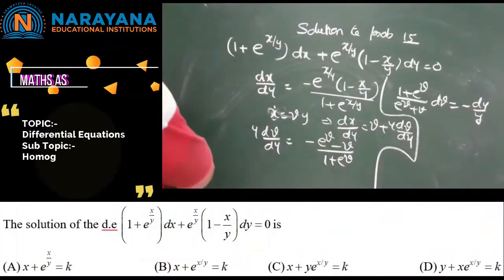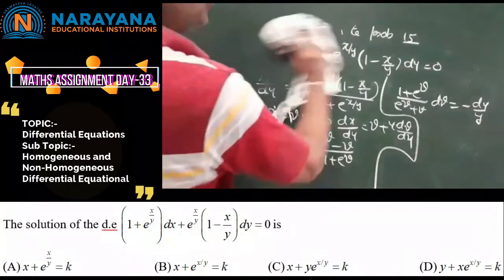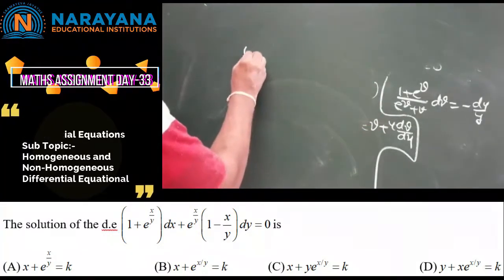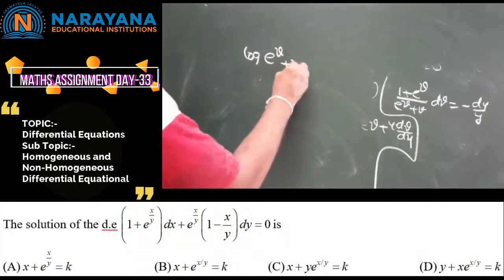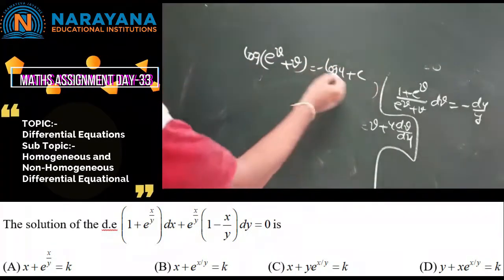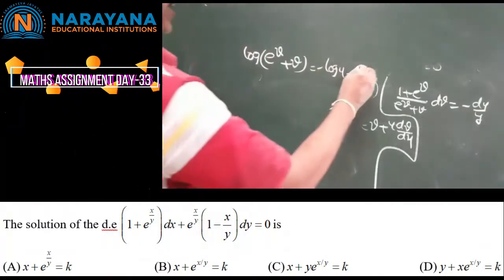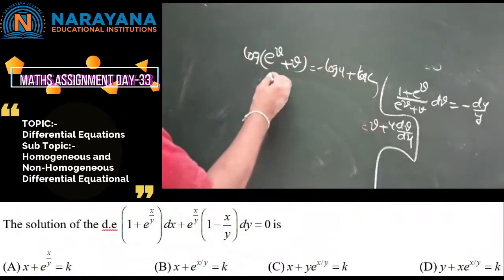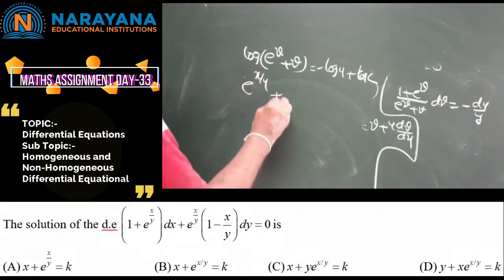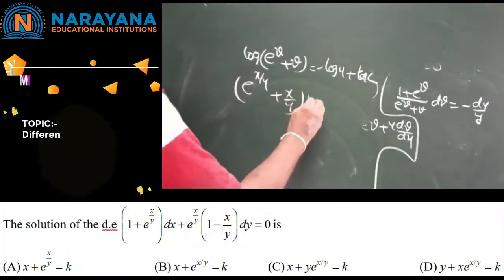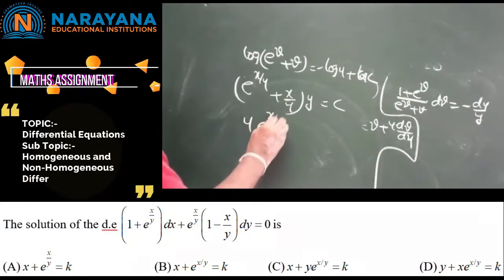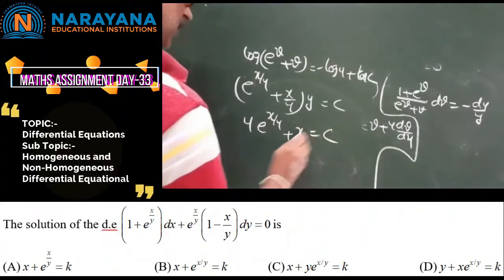After integrating this, we get log of (e power v plus v) is equal to minus log y plus c. Get this log y to this side and you can write c as log c. Then we get e power x by y plus x by y, into y, is equal to c. So we get y into e power x by y plus x is equal to c, which is the solution.